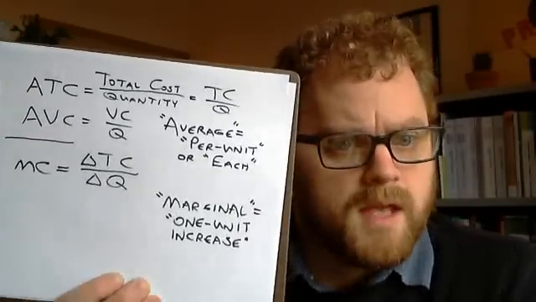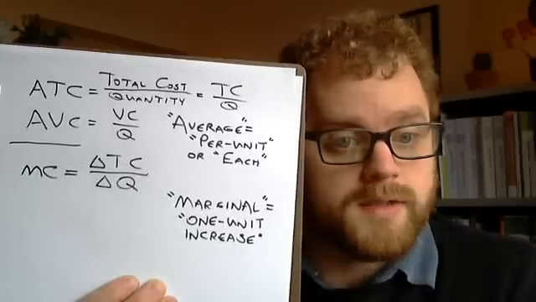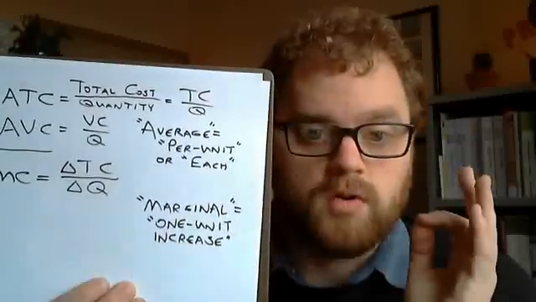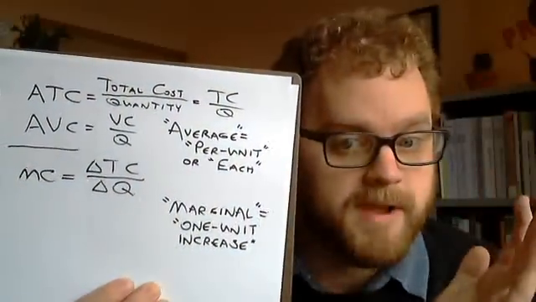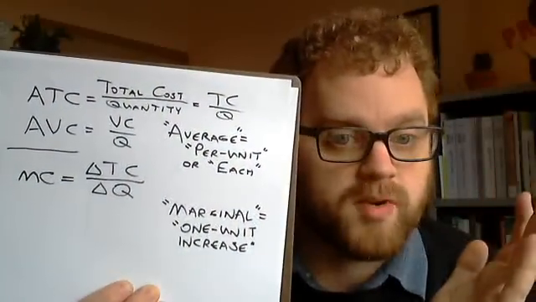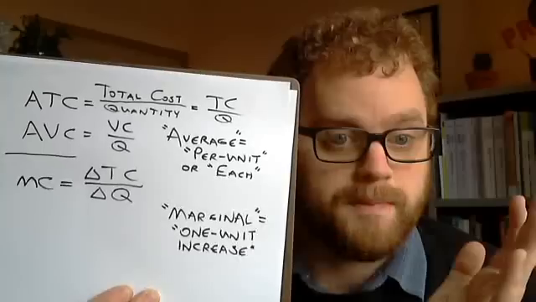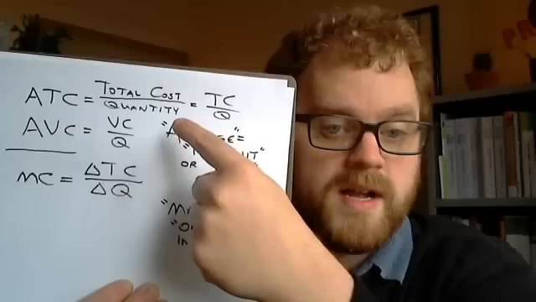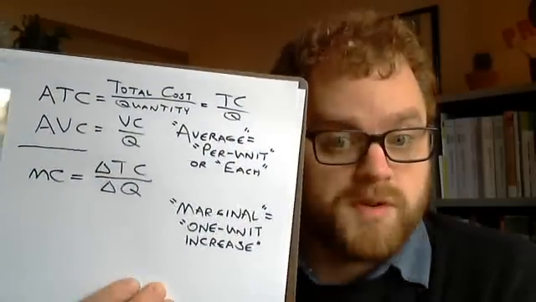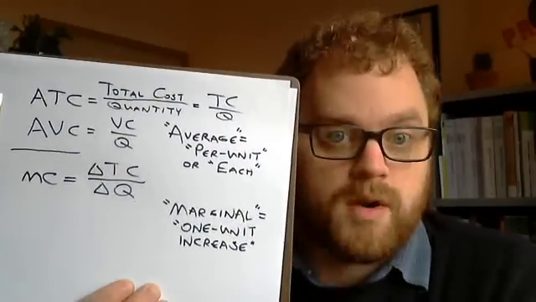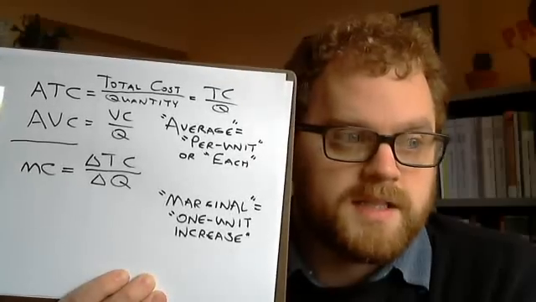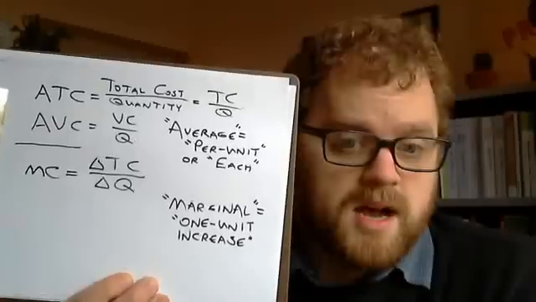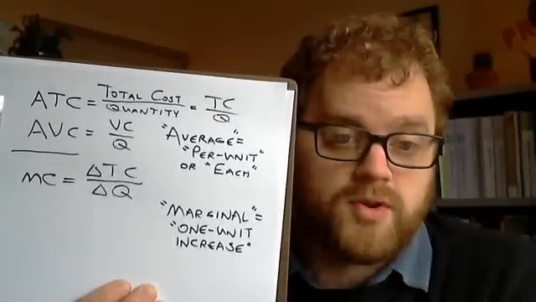You get this average total cost by just taking your total cost, your overall total expense of running the factory at a certain rate of production, and you divide by Q, for quantity. That's the number of units you're making per time period. So let's say I make 100 units in an hour, and my total cost is $500.